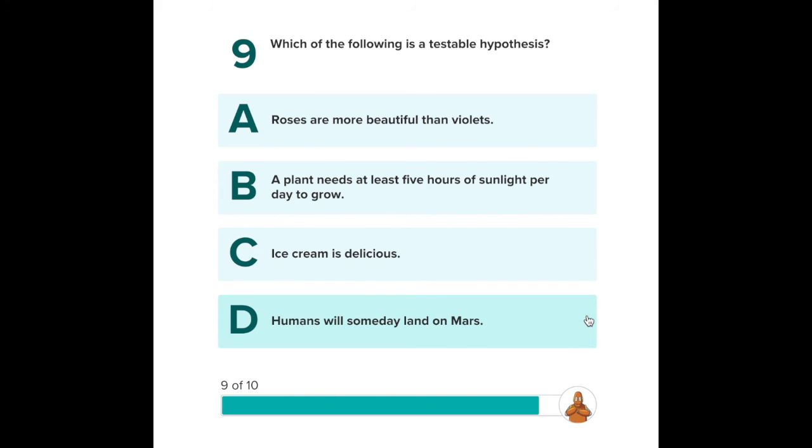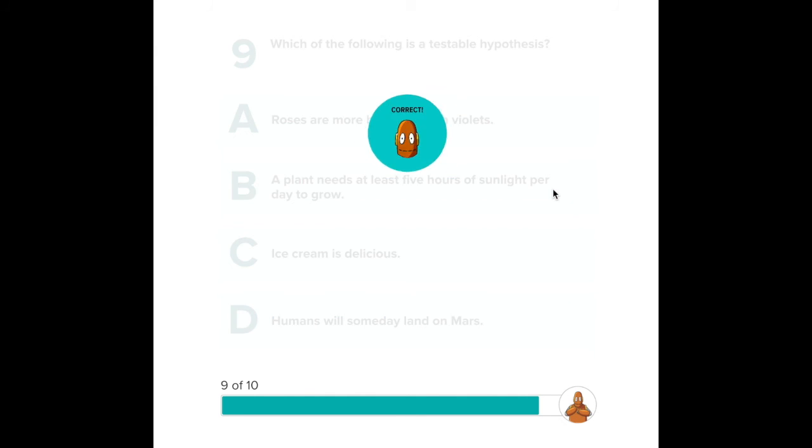D could be a testable hypothesis in the future, but not as of this moment. So, out of A, B, C, and D, the testable hypothesis would be B. A plant needs at least 5 hours of sunlight per day to grow.